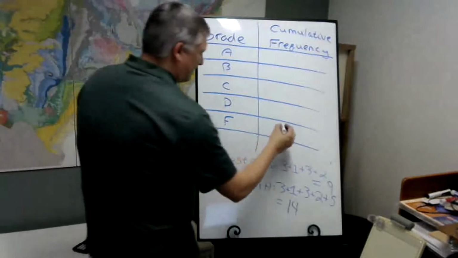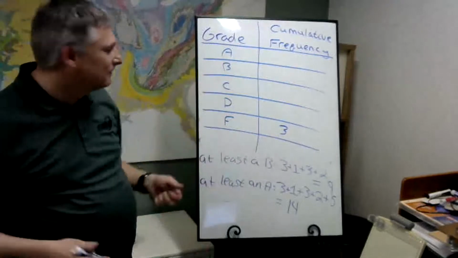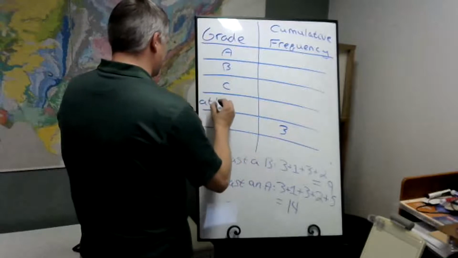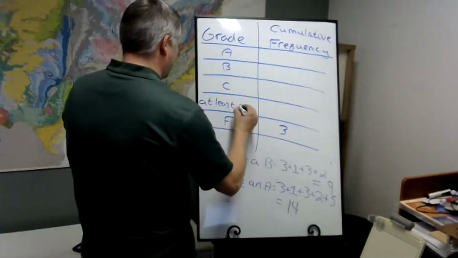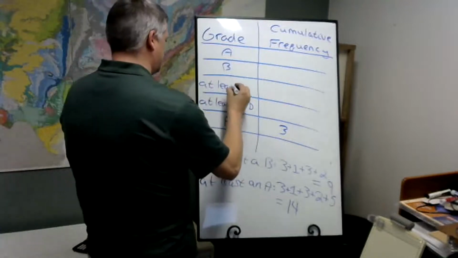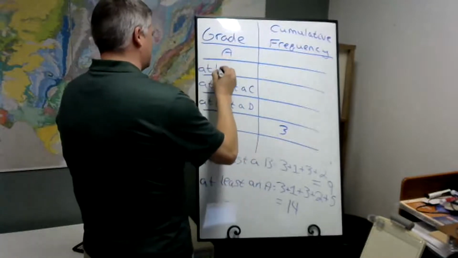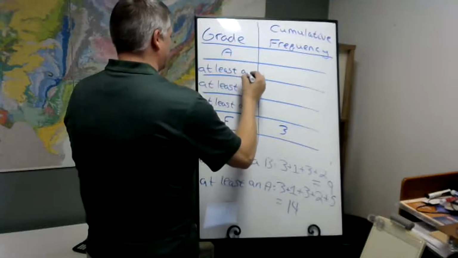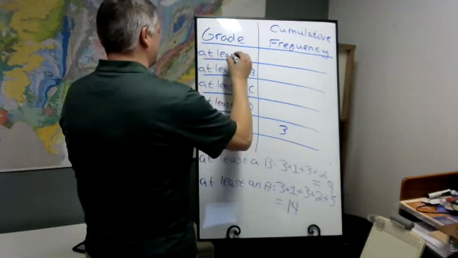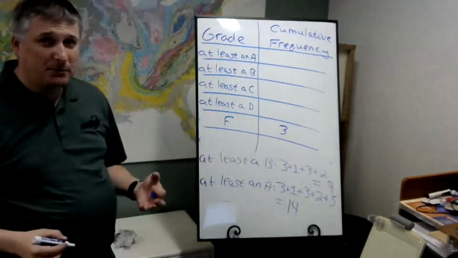So for the number of F's, we got 3. Now, I need to relabel this. Let me call this at least a D. I'll call this at least a C. At least a B. At least an A. So we take those cumulative totals.